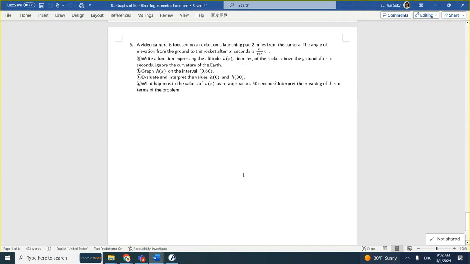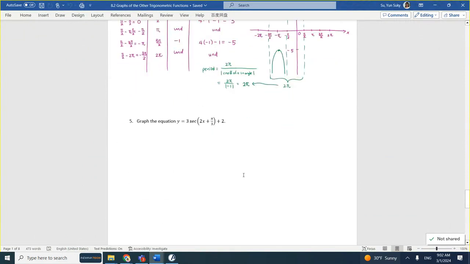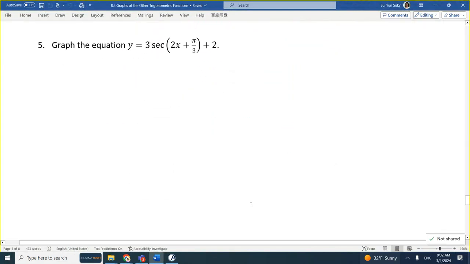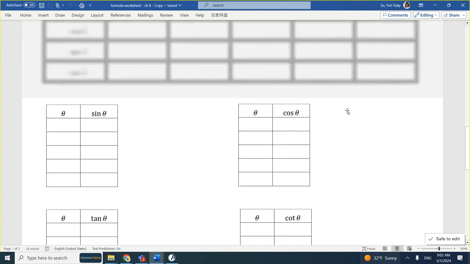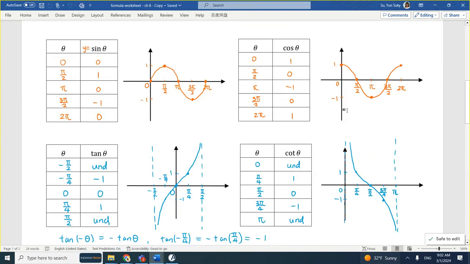Last time we talked about the graph of secant and cosecant. Do you still remember, everybody? The graph of all the six trig functions. Use body language, move your hands. Sine, cosine, they are waves, right?